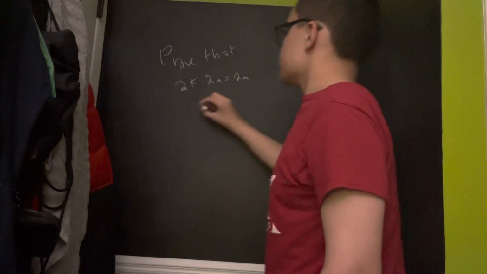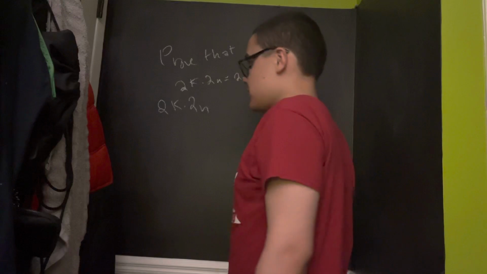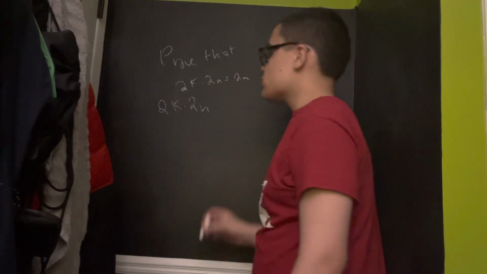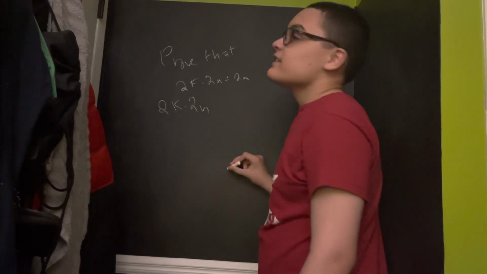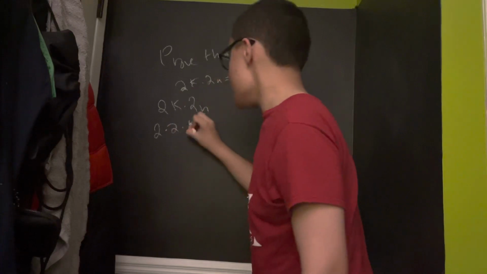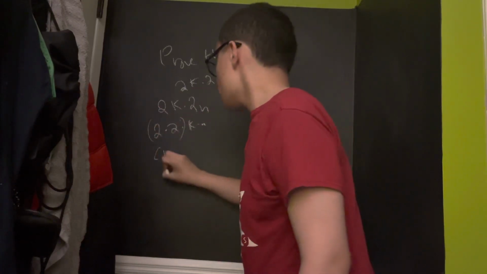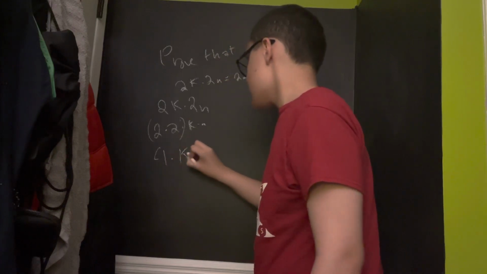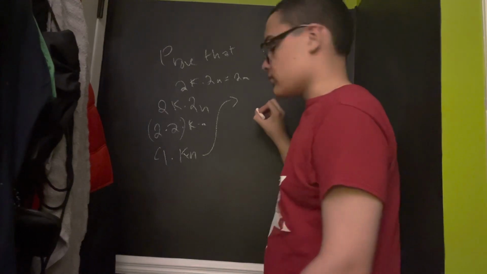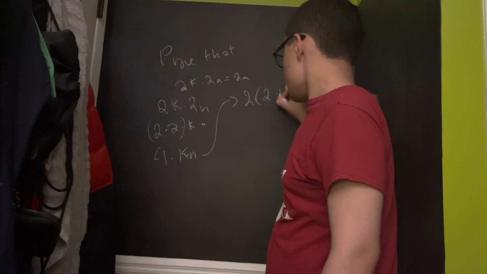So basically, what I'm going to do here is I'm going to write it out. 2k times 2n. Since multiplication is commutative, we can turn this into 2 times k times n. And here we can multiply this, so 4 times k times n. So anyways, this will be the same as 2 times 2 times k times n.